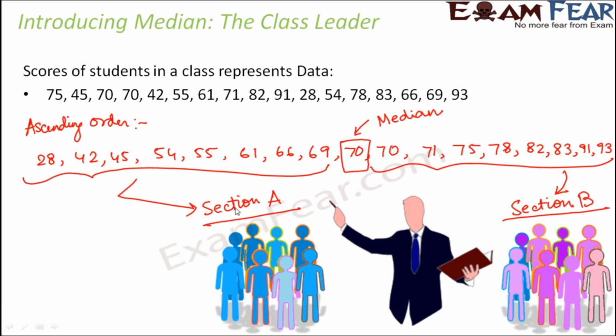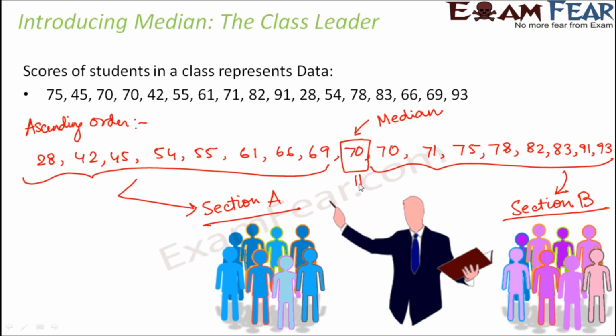Section A would comprise students with lower marks, so that more attention could be given to the students in this section. Whereas section B have higher marks, so accordingly attention can be given to these students. So that's how you have divided them into two different sections.